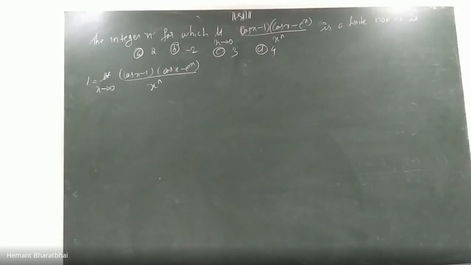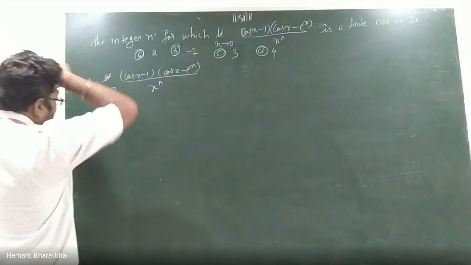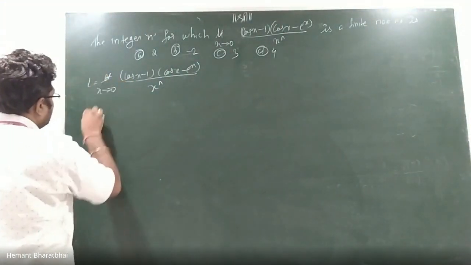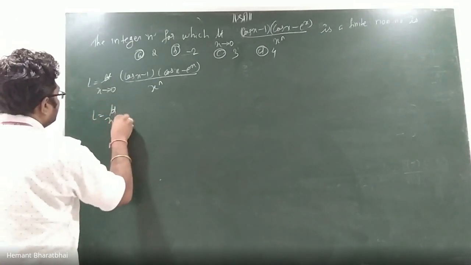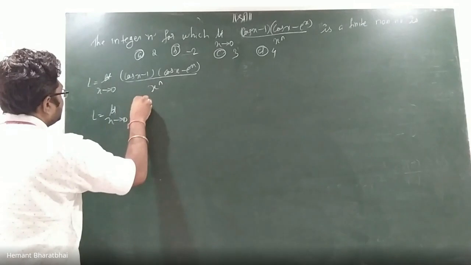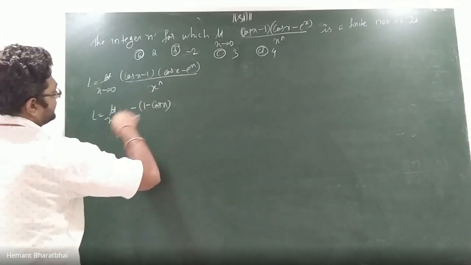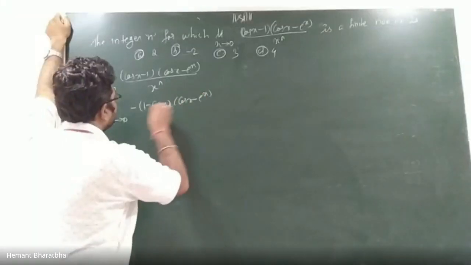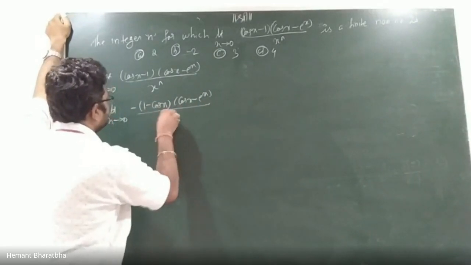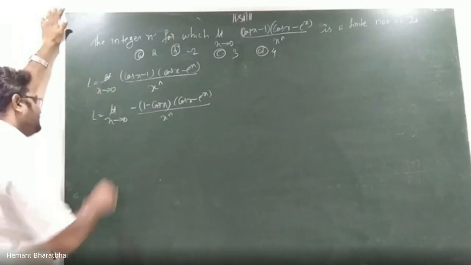Before that, cos x minus 1 can be written as L is equal to limit of x tends to 0, minus sign I will take, (1 minus cos x) into (cos x minus e raised to x) upon x raised to n. 1 minus cos x is 2 times sin square x by 2.